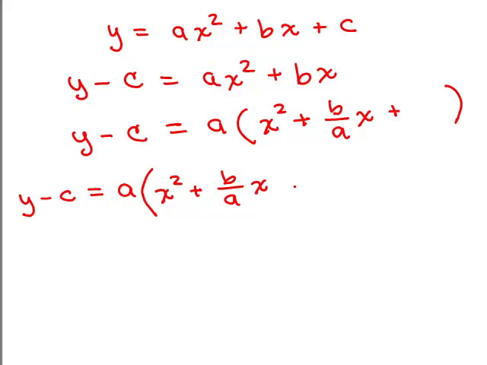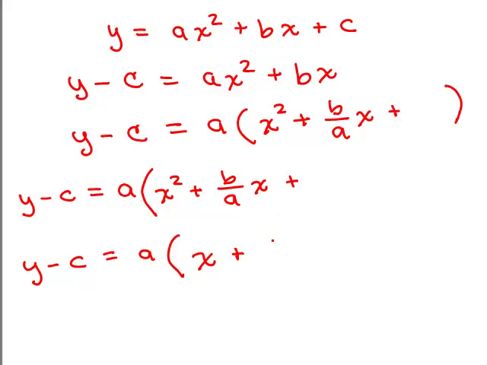All right, now here's the tricky part. What would I have to add inside this parentheses to complete the square? Well, I like to go down and write down what would be in here if I did complete the square correctly. You would have to take half the coefficient of x, right? So what's half of b over a?